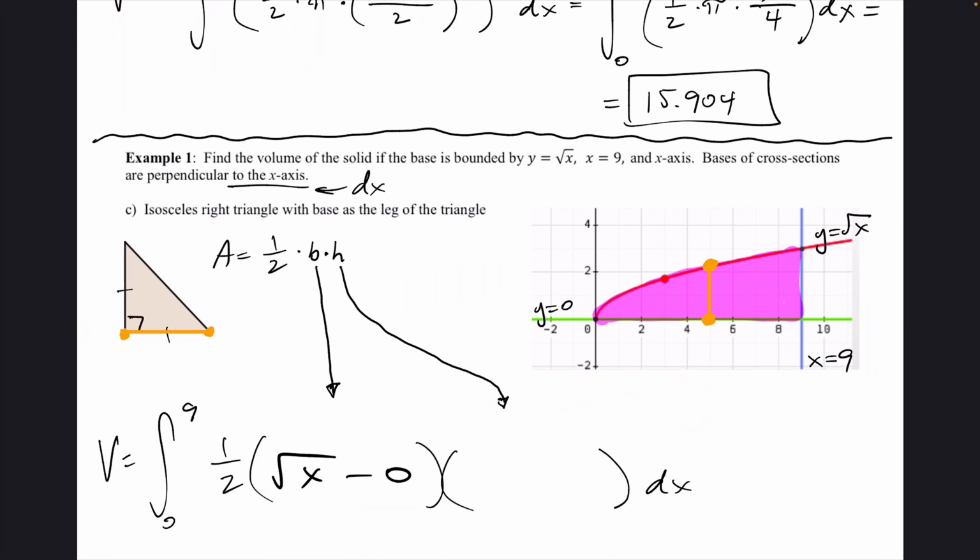The same thing, because it's an isosceles triangle. So whatever the base is, the height is also going to be the same. This side and this side are exactly the same. So it's going to be the square root of x minus 0. Both of those are just the square root of x. So the square root of x times the square root of x makes x. So it's really 1/2 x.